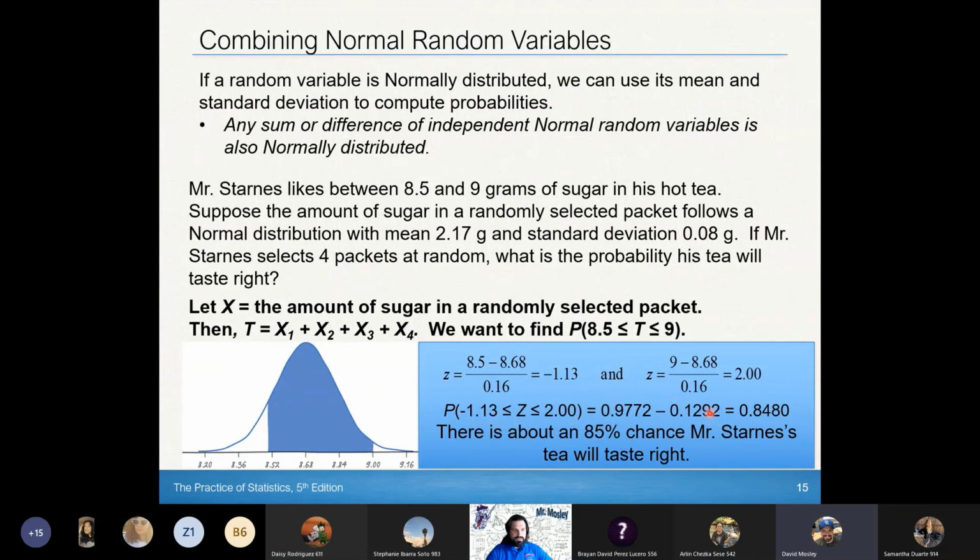So we subtract this one from that one, we get 0.8480 from Table A. This is all getting from Table A. There's about an 85% chance Mr. Starnes' tea will taste right.